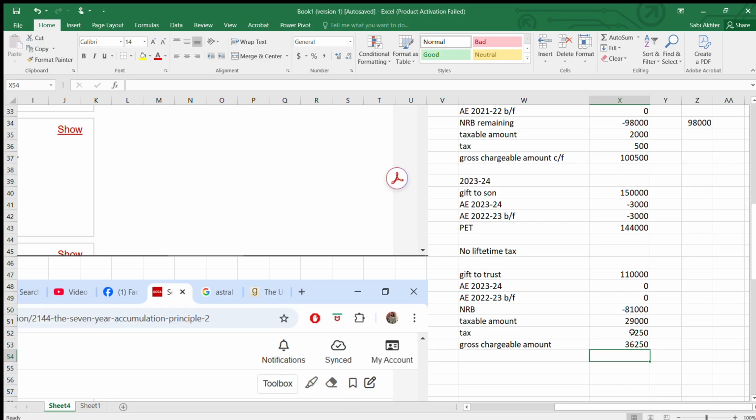Okay, I'm sorry, it is equal to your gross chargeable amount, not the taxable amount. So the mistake I've done. It is this, the gift return, your transfer of value. So this is your gross chargeable amount.